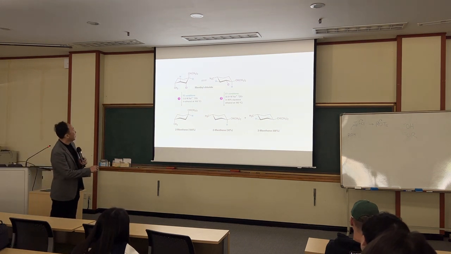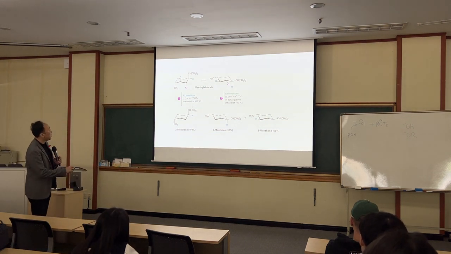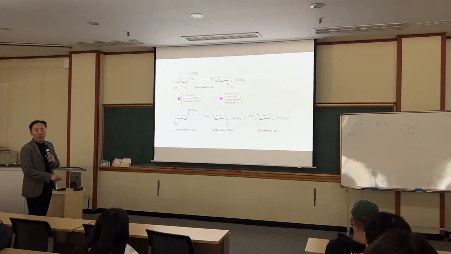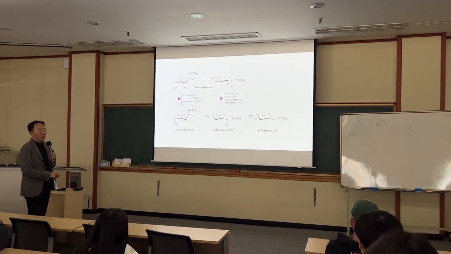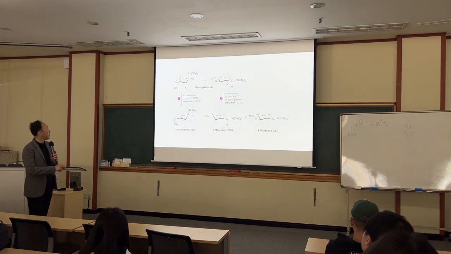If you use E2 conditions, this is not the preferred one. This is the more preferred conformation. So we have seen it can form a small amount of this. Now it has axial with a strong base. A strong base prefers the E2 reaction. Attack here, push this down, and then form this product.